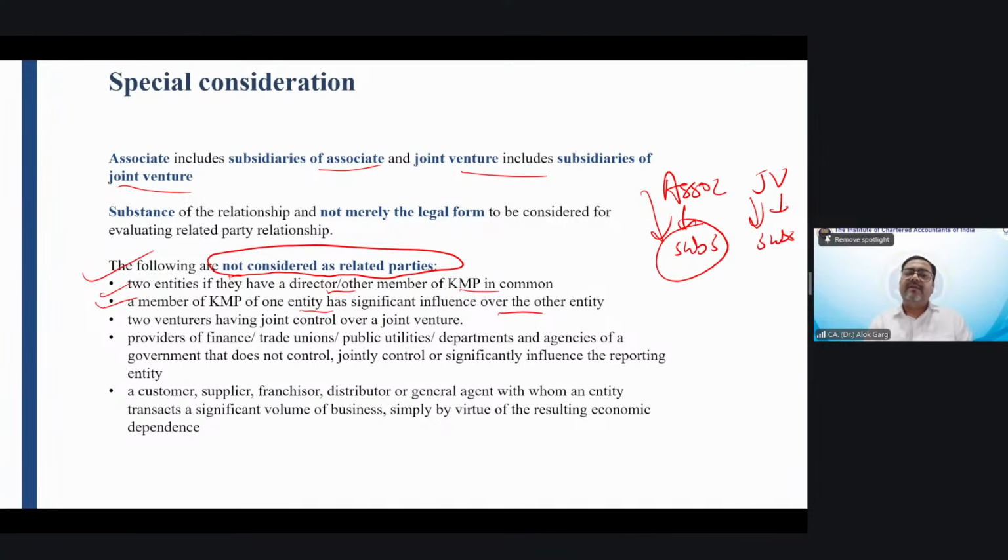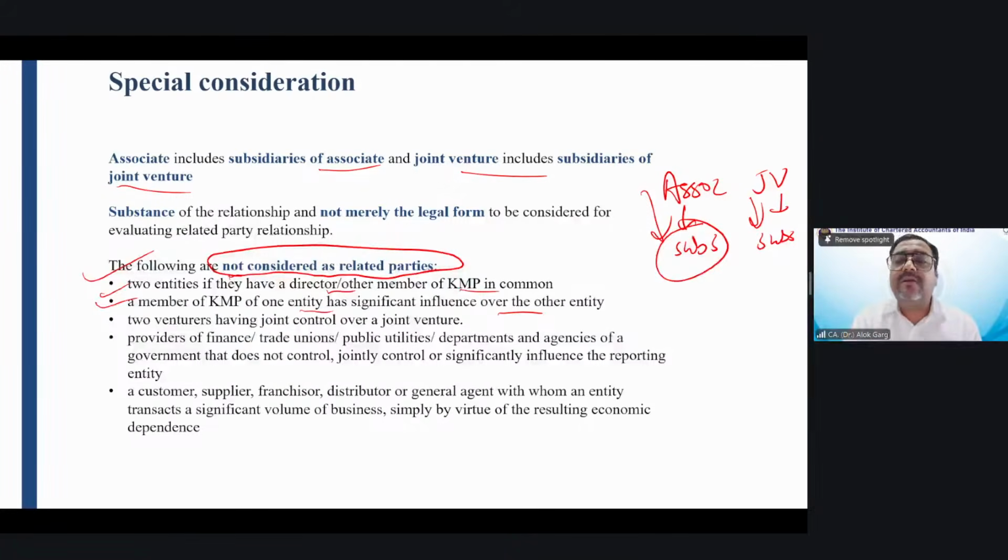So friends, you know what is the combination of KMP becoming a related party? For example, if person A is a KMP in one entity and person A has control or joint control over another entity, then these two entities will become related parties.